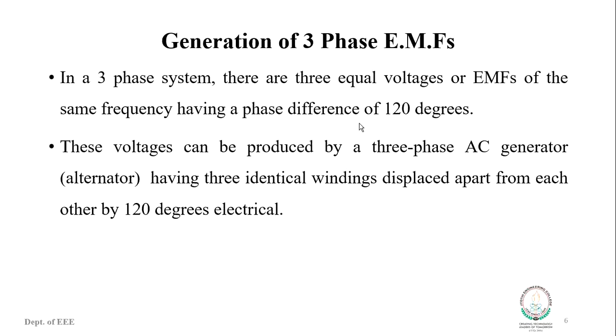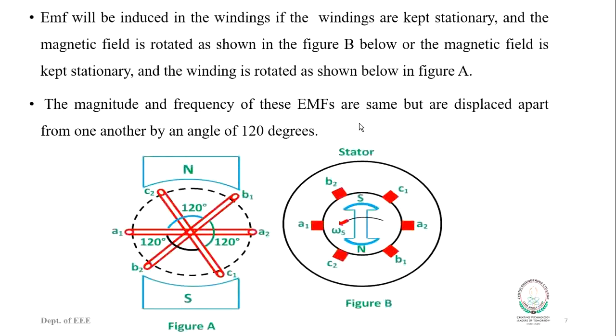These three voltages are generated by a three-phase generator called an alternator, which has three identical windings displaced from each other by 120 degrees electrical. We know that according to Faraday's law, whenever there is a rate of change of flux, an EMF is induced.